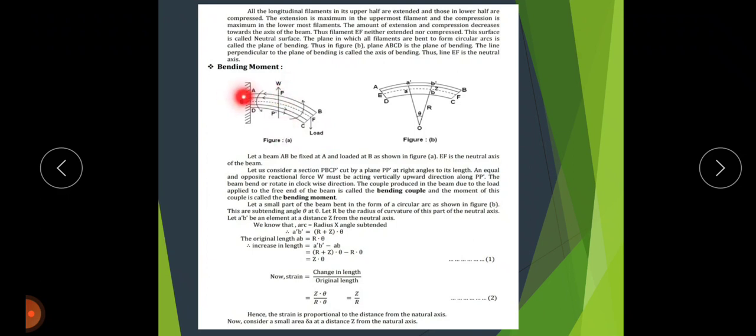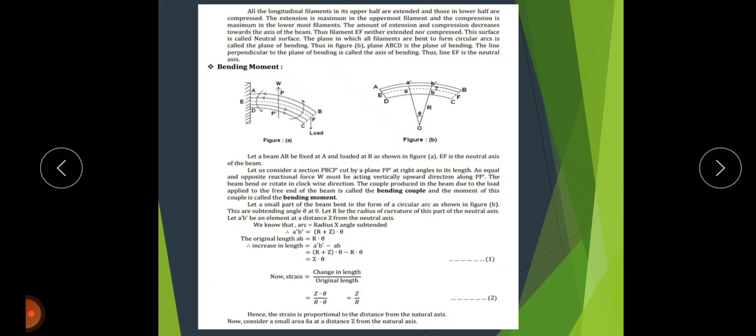An equal and opposite reactional force W must act vertically upward along P dash and P.